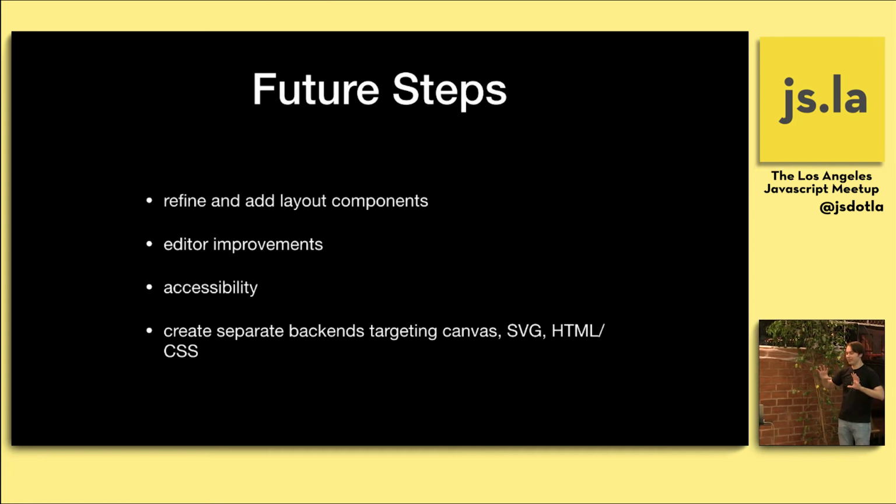So you can have this thing that keeps your abstract vector illustration or UI, and it'll generate code that targets Canvas or SVG or even CSS. That's a really good idea, and that's something this tool should definitely do. That's one way of solving accessibility, for example, is not actually sticking with SVG.